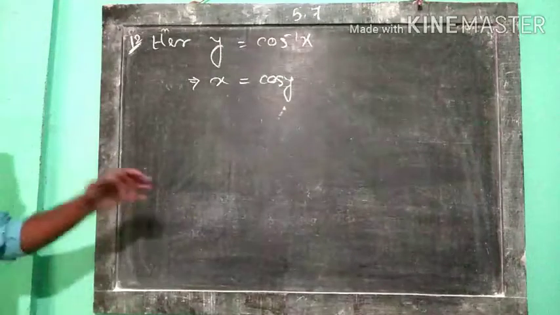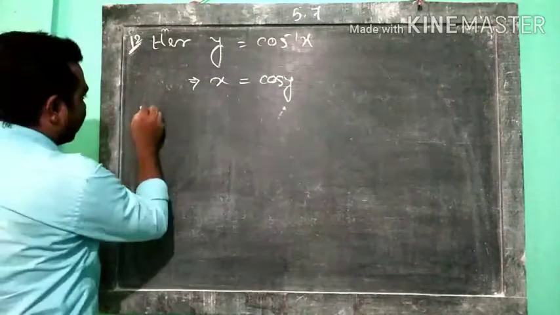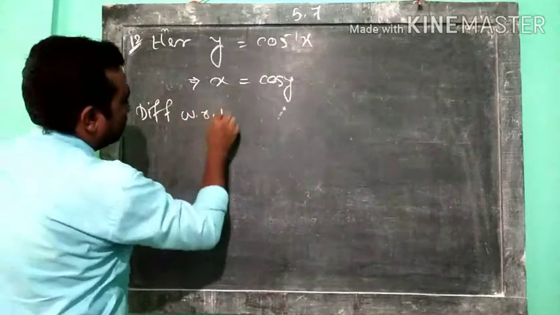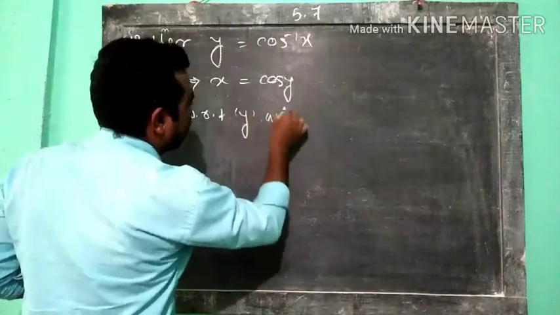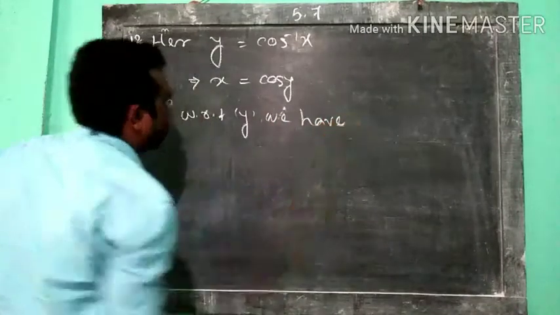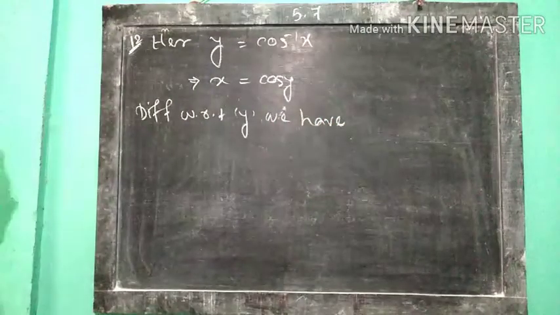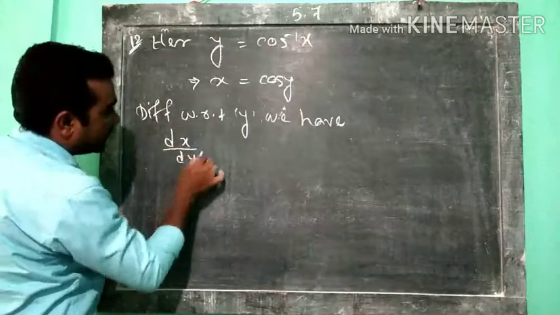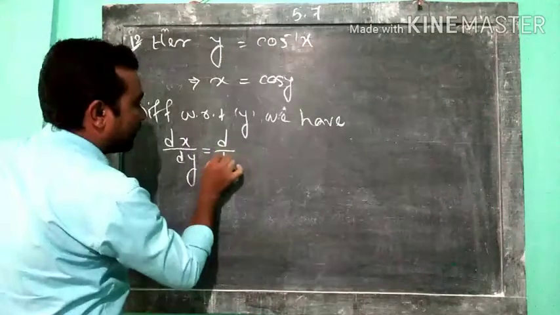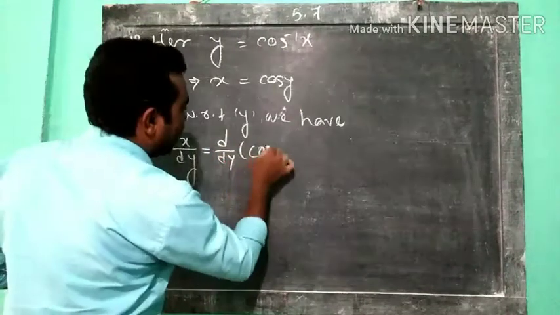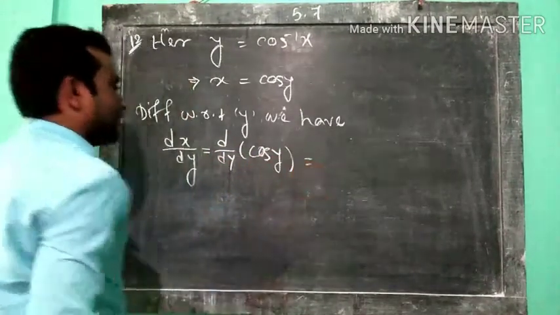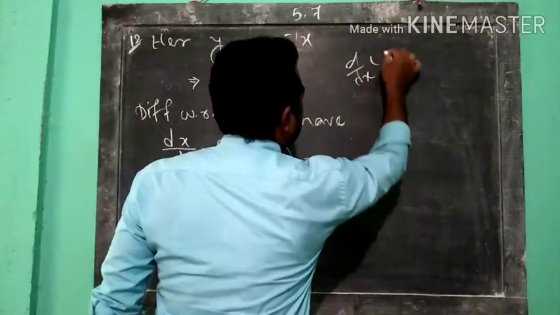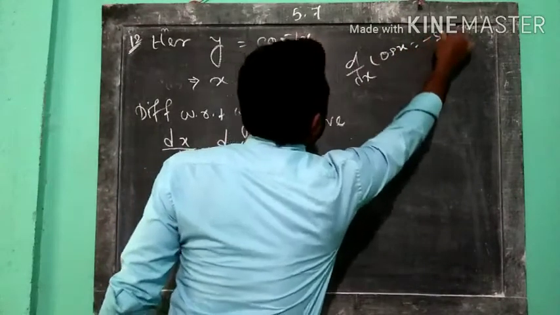Now differentiating with respect to y, we get dx/dy equals d/dy of cos of y. We know the formula: d/dx of cos x is minus sin x.